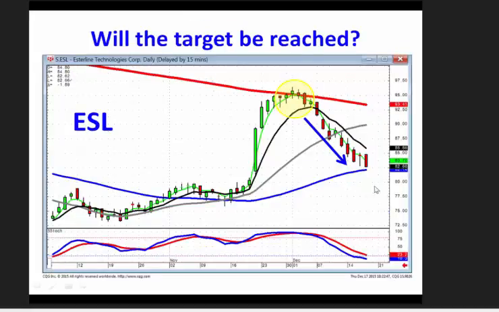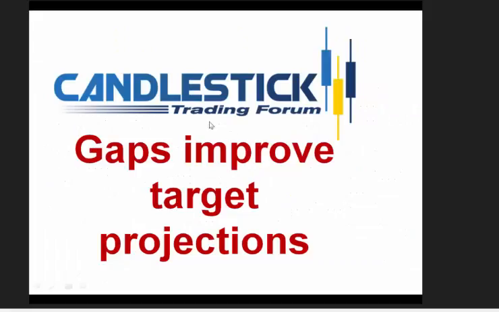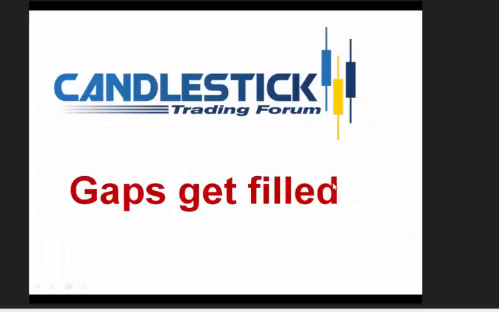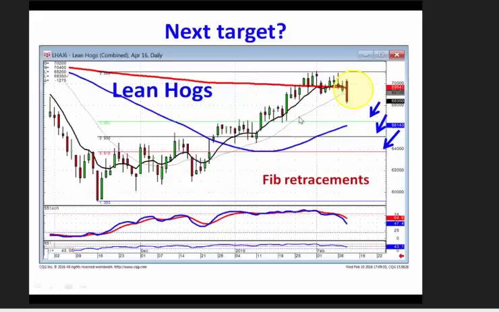Once it gets down there, we start watching to see what signals are occurring at that level. The gaps also improve our targets. Gaps usually get filled. So if I'm long here and I see it reversing, what's my next target? There's my left-right combo. That's a doji followed by a bearish engulfing signal.